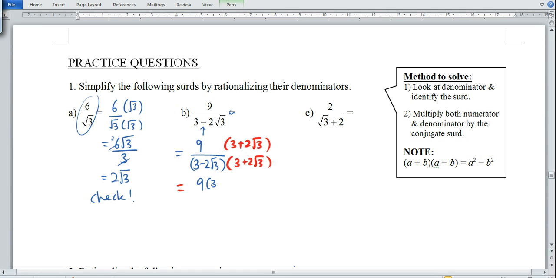So if I were to do this, what will happen is that my numerator, I can just leave it as 9 times 3 plus 2 square root 3 first. But the bottom, see that it's now a minus b, a plus b form, right?